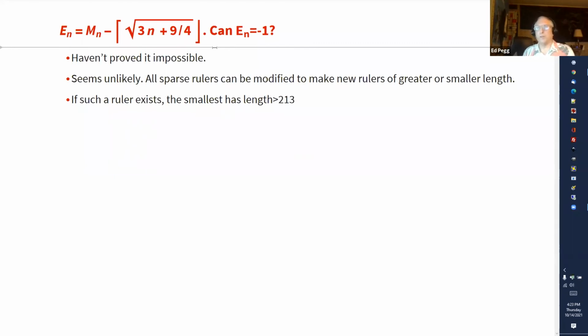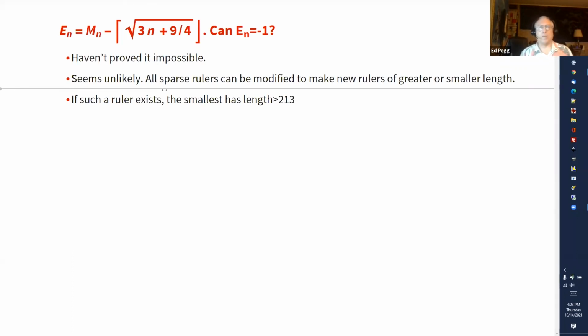If the Lushny conjecture is correct about the ruler of length 58, then this is true, and the problem is completely solved. If there are cases of sparse rulers which violate this conjecture, then there's also a whole bunch of other sparse rulers that can be generated from the smallest case that's a counterexample.